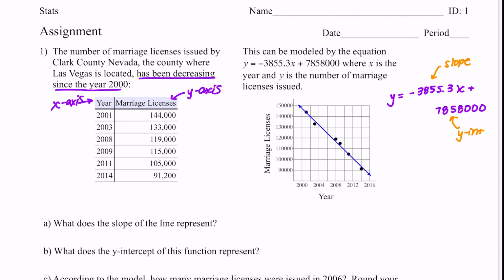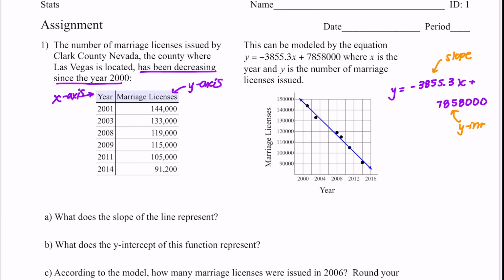So that means the number of marriage licenses issued changed by negative 3,855.3 every year. So it decreased by 3,855.3. So the slope of the line represents the change of marriage licenses issued per year.